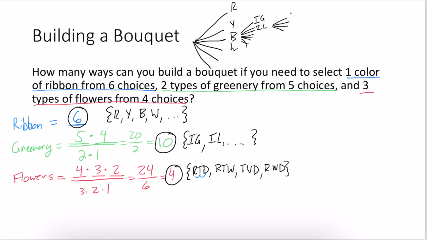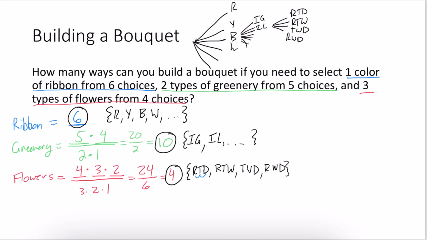So you could have roses, tulips, and daffodils, or roses, tulips, and wisteria, or tulips, wisteria, and daffodils, or roses, wisteria, and daffodils. And that choice tree represents the number of ways you could build a bouquet, because you have to choose a ribbon and greenery and flowers. And there's going to be a lot of different ways you could do that.